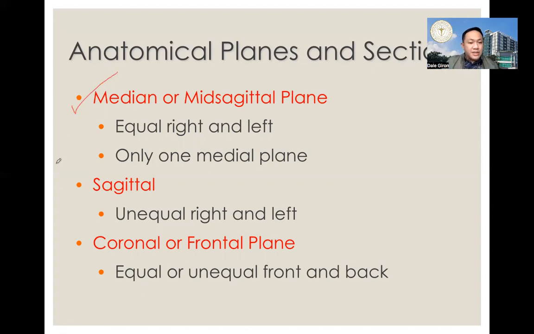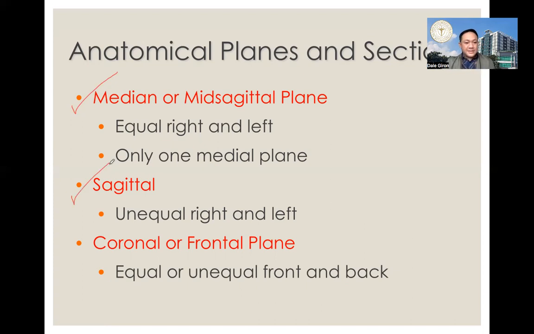For example, we can have a sagittal cut here, but you have left and right that is not equal. If you want to divide the body equally right and equally left, you call this median or mid-sagittal. But if it is unequal, it is called your sagittal plane.